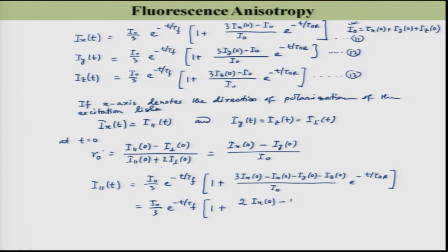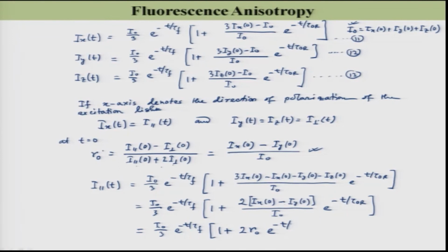So, I will write I y 0, 2 is common, divided by I 0 e to the power minus t by tau r. Here you see I x 0 minus I y 0 by I 0 is nothing but R 0. So, I 0 by 3 e to the power minus t by tau f into 1 plus 2 R 0 e to the power minus t by tau r.